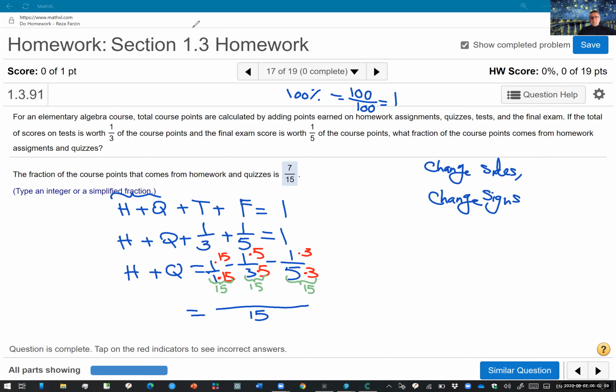All right, so help me out here. The first one is just going to be what? 15, right? Minus what? 5. Good. And then minus? 3. Very nice. So that's 15 minus 5, which is 10, minus 3, which is? 7.